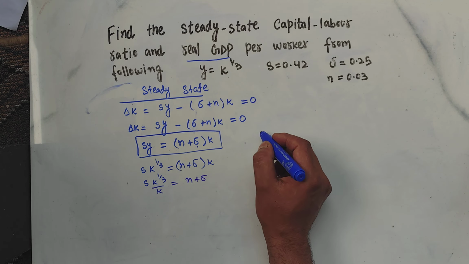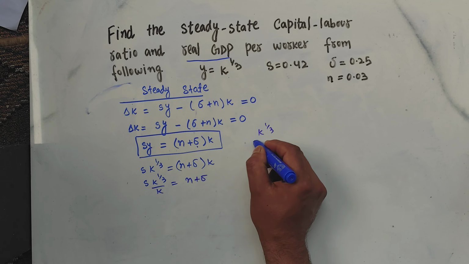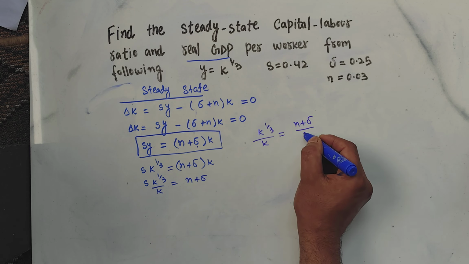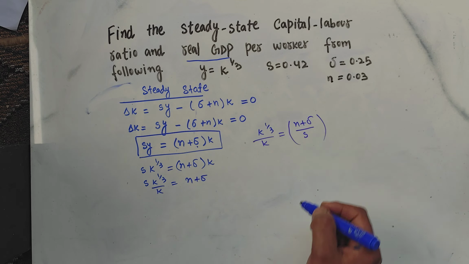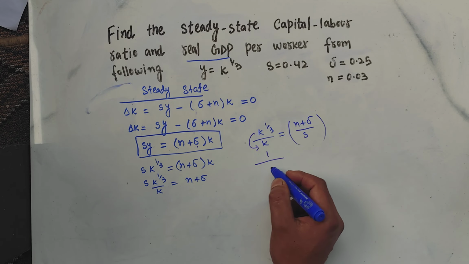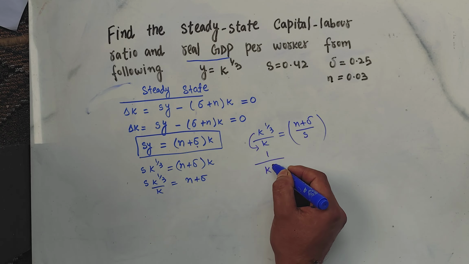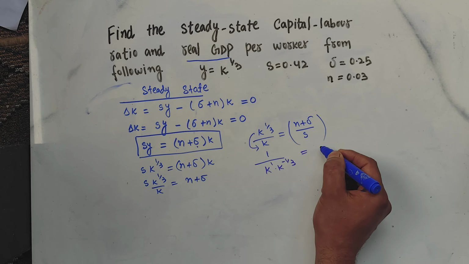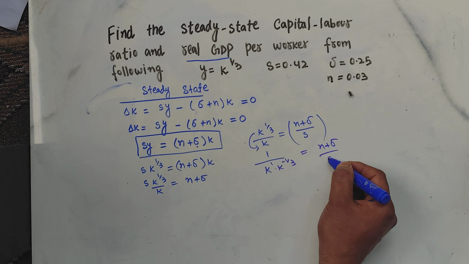We can rewrite it as k^(1/3) upon k equal to (n plus del) upon s. Or, moving it to the denominator, we get 1 upon k raised to the power 1 times k raised to the power negative 1/3, equal to (n plus del) upon s.